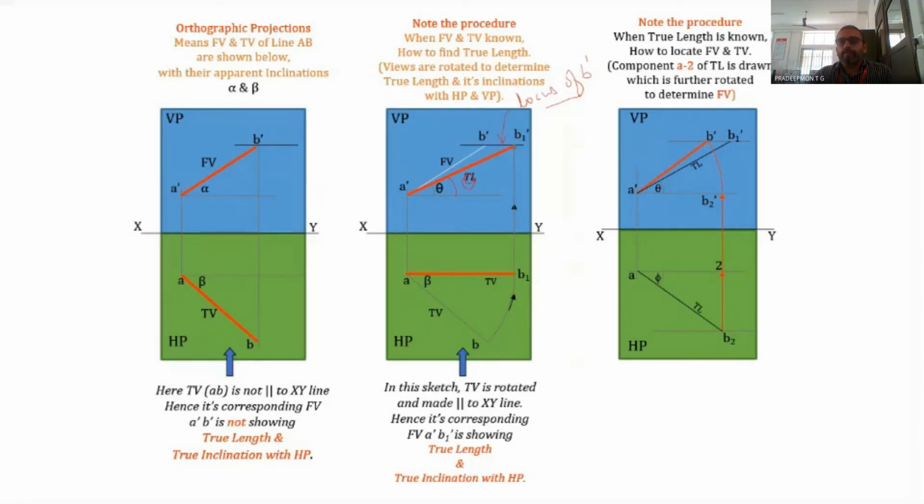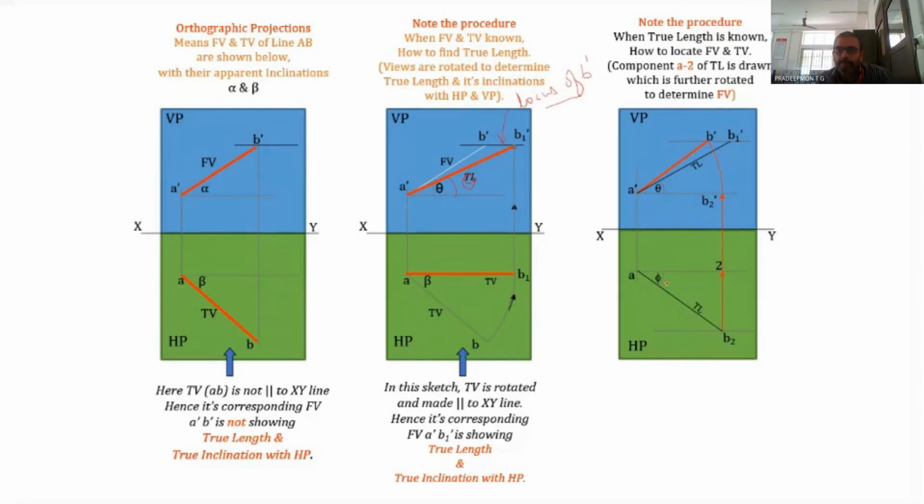To summarize the construction, we first mark the top view of A, and from A we draw a line having length equal to the true length and inclined at an angle phi with the XY line, or a line parallel to the XY line. This phi is the inclination of AB2 with the XY line, and it is the true inclination with the VP.